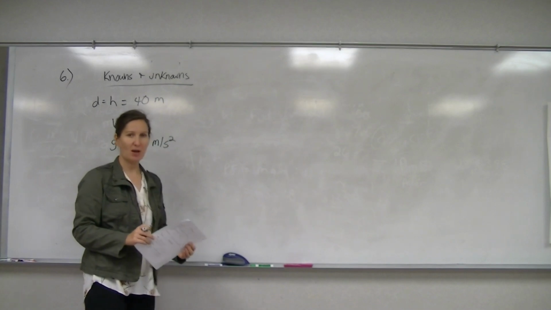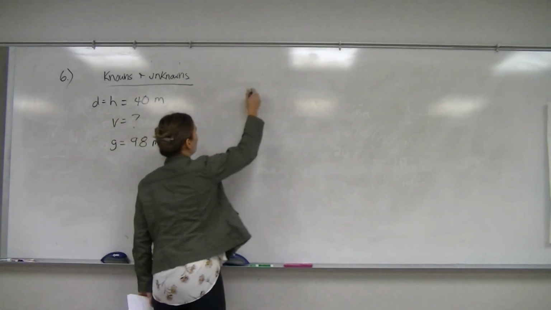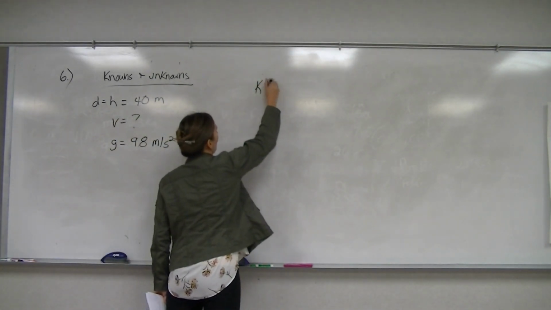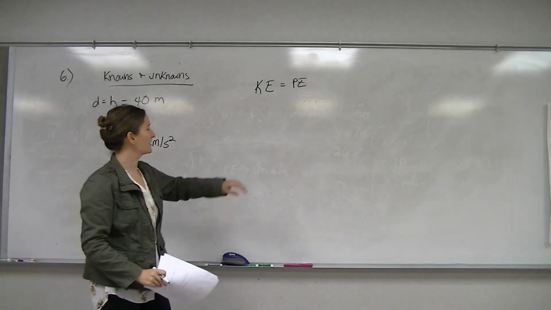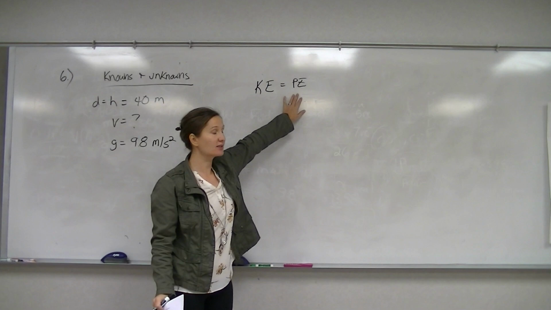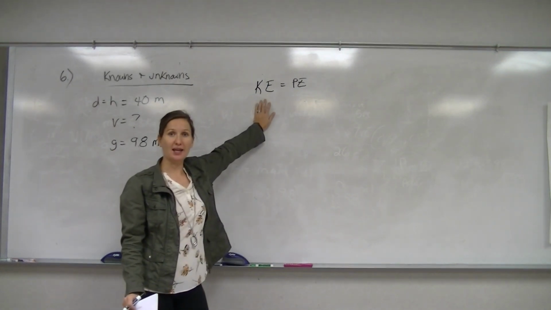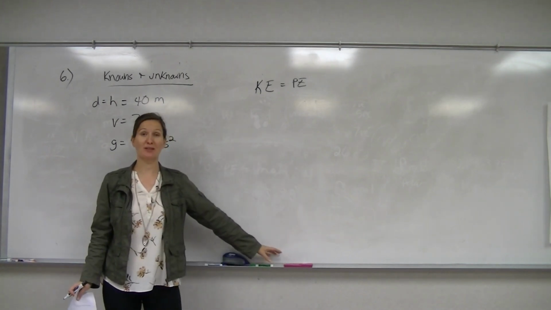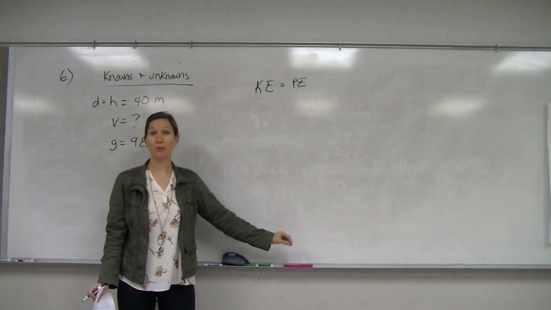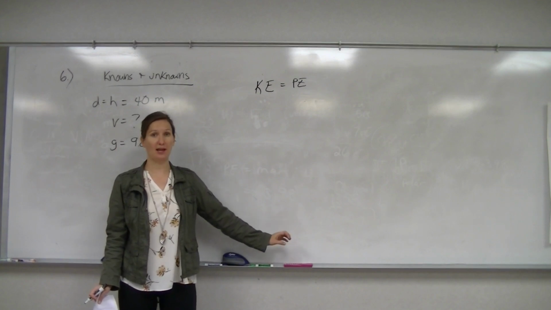If you've looked at the PowerPoints, hopefully you have, you probably noticed one of the concepts was that the potential energy of an object is going to equal its kinetic energy. So what that means is this calculator, right now, has a certain amount of potential energy because it's not moving. Potential energy is stored energy.